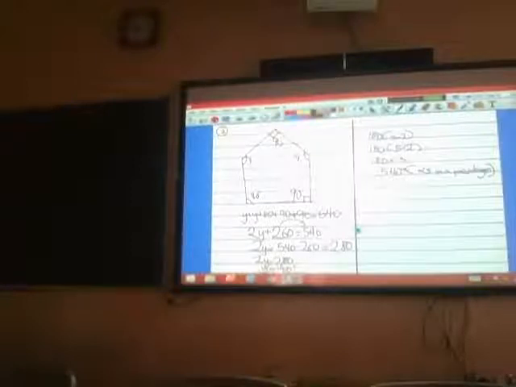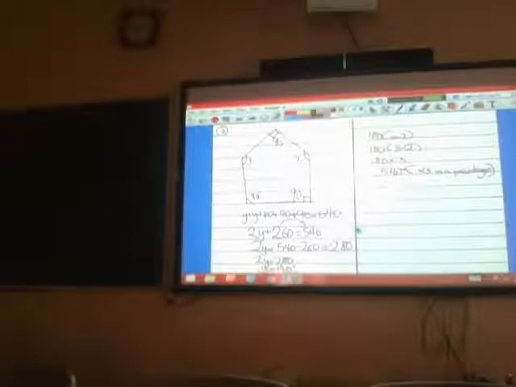Yes, a polygon having all sides equal, all angles equal. A regular polygon. This can be given to you in an objective question. A polygon is regular when all the sides are equal and all the angles are equal.